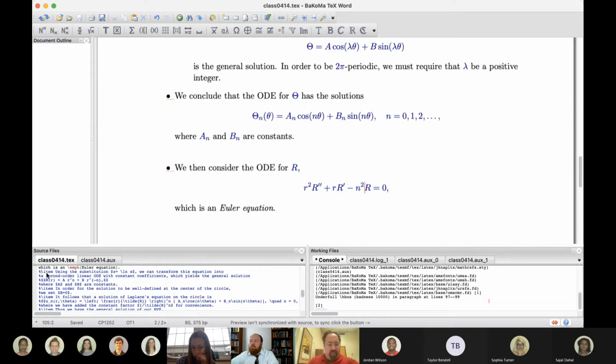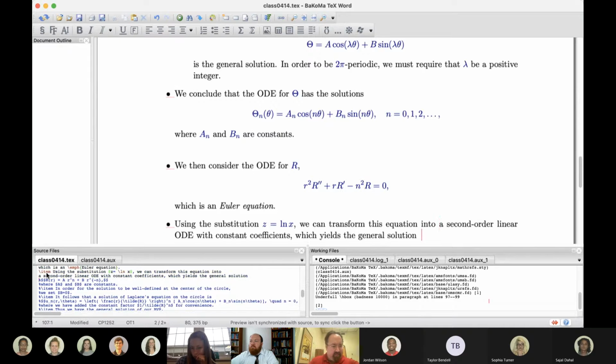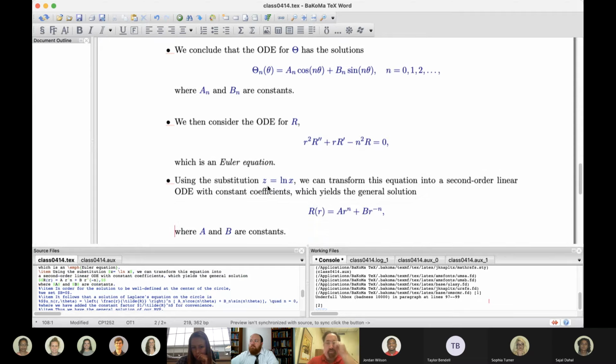But we could just go ahead and jump to the solution of that. Or it can be solved in this approach: make a substitution, z equal to the natural log of r. Once you go through that whole process, and I won't go through the details of solving it, the bottom line is your general solution has this form.